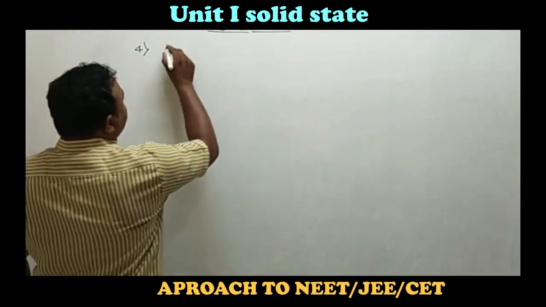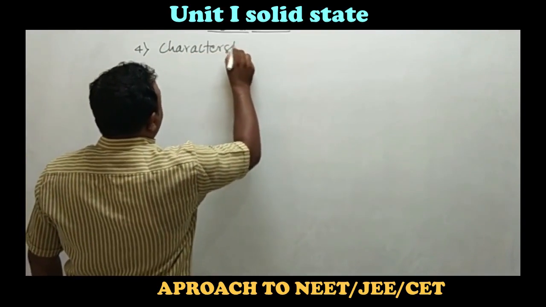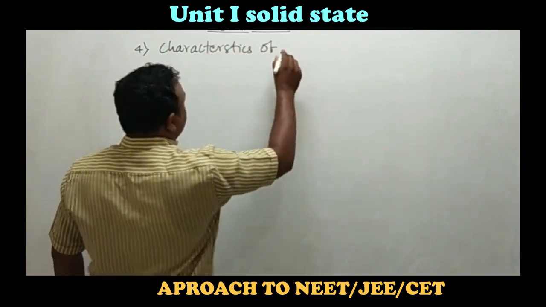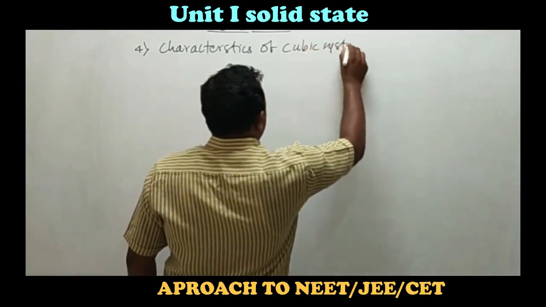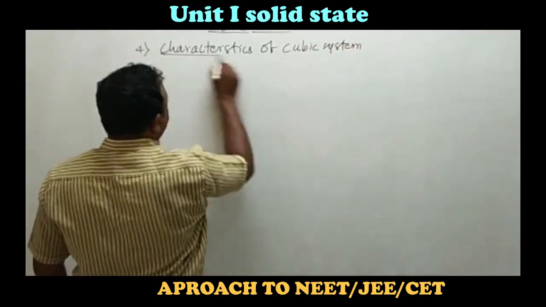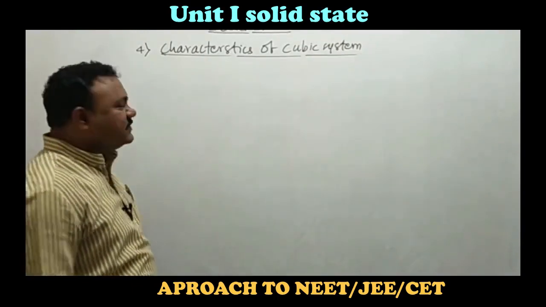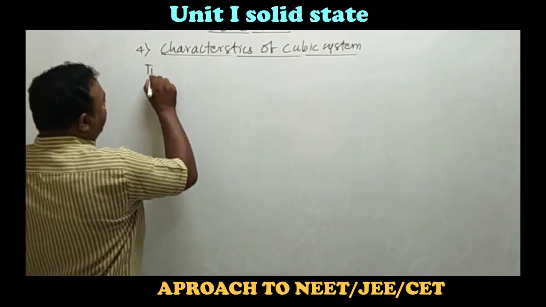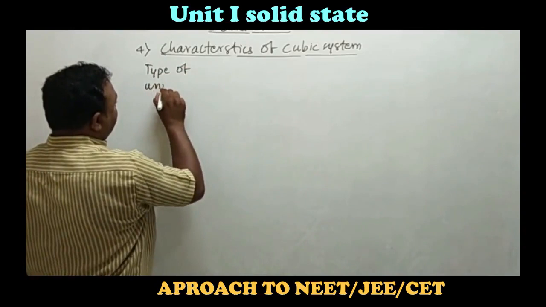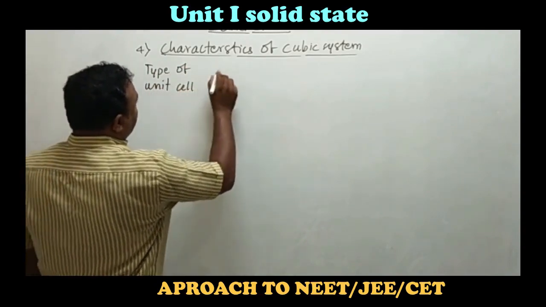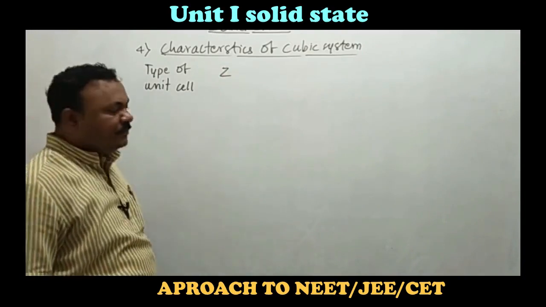In this, we are going to see some important characteristics with respect to cubic system. We would make a table by which we are learning characteristics of cubic system. First column is for type of unit cell. Second column is for Z, number of atoms per unit cell.